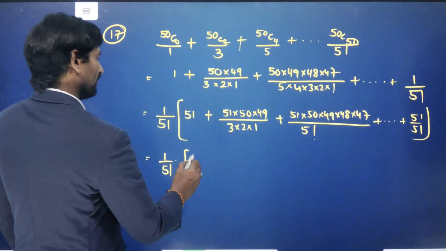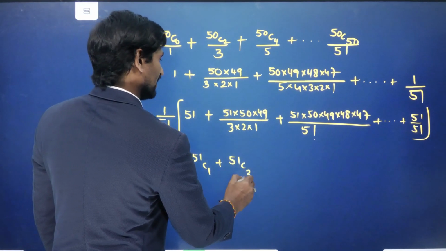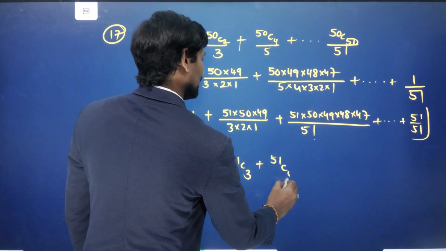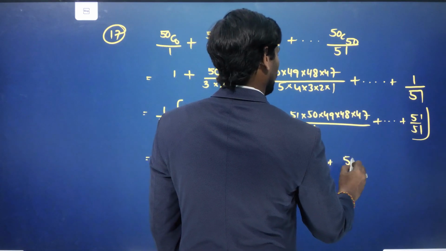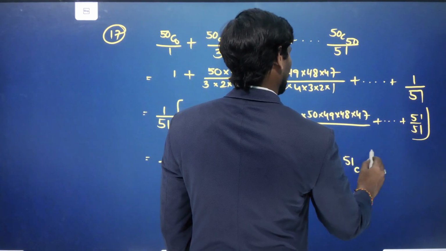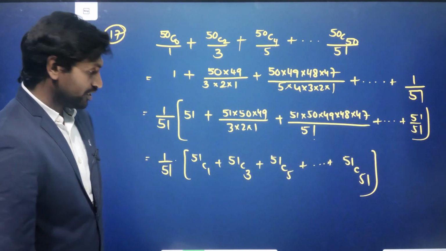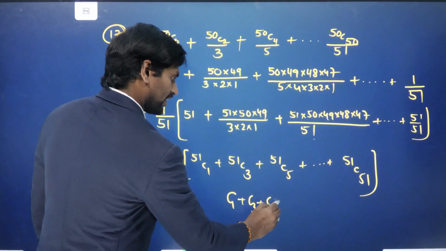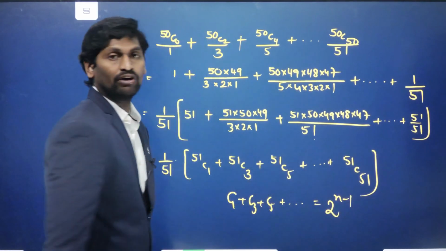So this one we can write 51C1 plus 51C3 plus 51C5 plus and so on plus 51C51. So while you are observing, these are all odd powers. We know already odd powers means C1 plus C3 plus C5 and so on equals to 2 to the power of n minus 1 format.